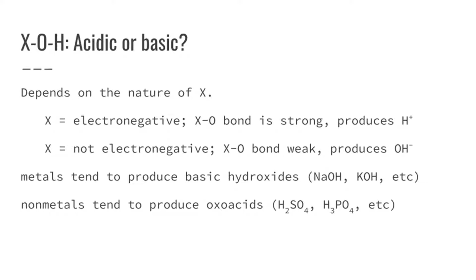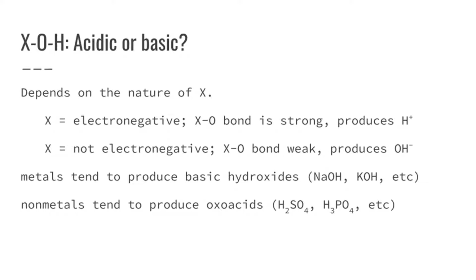And the quick way to tell, the rule of thumb, is that if X is electronegative, you're going to get a strong X-oxygen bond, meaning you're going to have acidic protons. If X is not electronegative, then you're going to get a weak bond between X and oxygen, and thus you're going to get hydroxides, basic hydroxides.